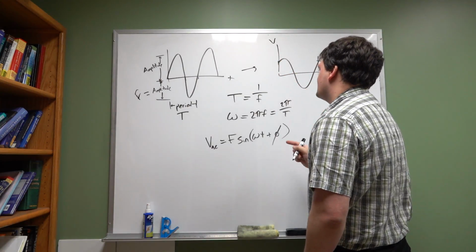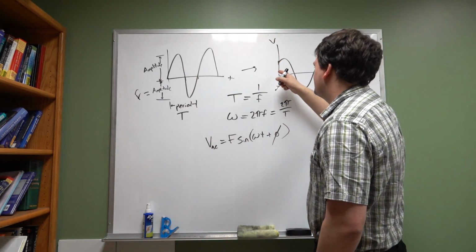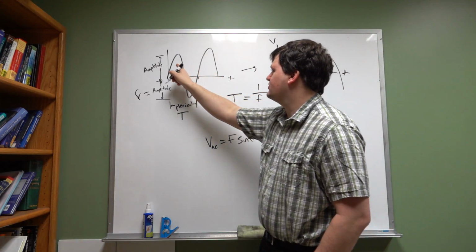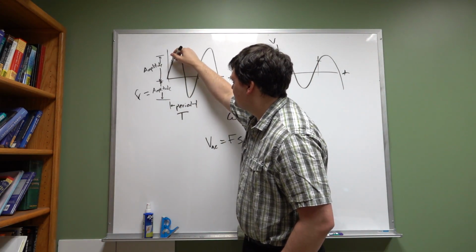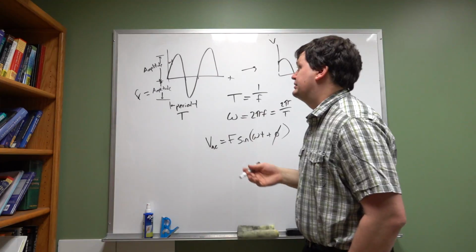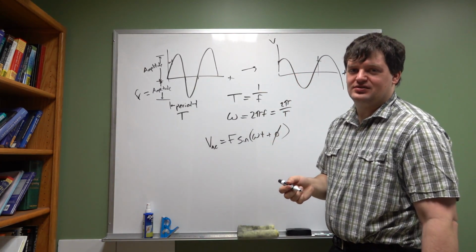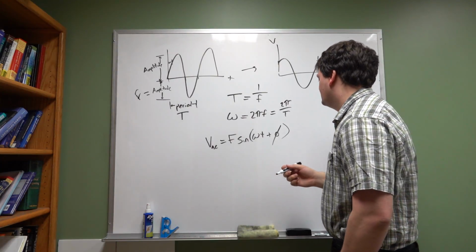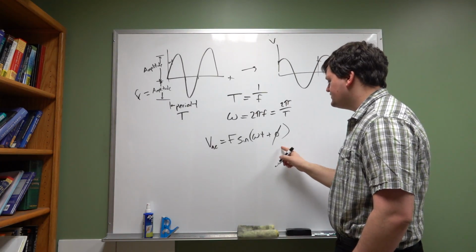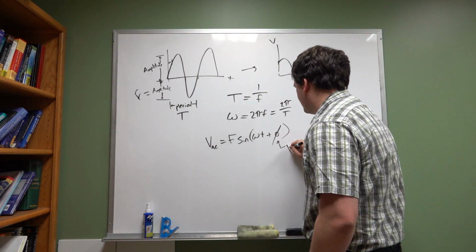When we assign time 0, phi means we've shifted this over about this far. So here phi may be negative 15, negative 20, negative 30 degrees. What this phi does is this is called a phase shift.